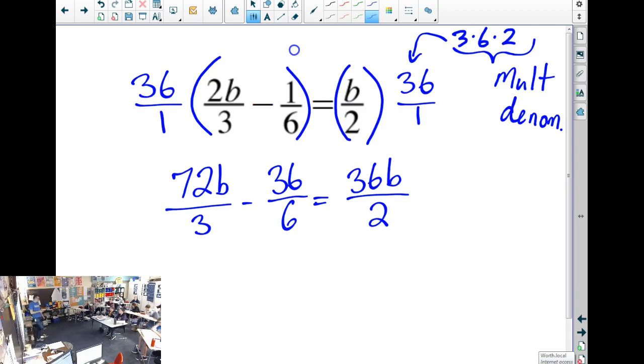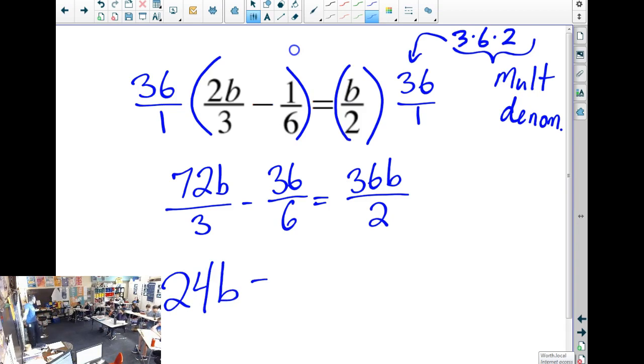Now we can reduce, and if we've done the fraction busting correctly, all of these will turn to integers, right? No fractions. 72 divided by 3 should turn into a whole number. Well, break it. What's 60 divided by 3? 20. Then 12 divided by 3? 24b. Right?